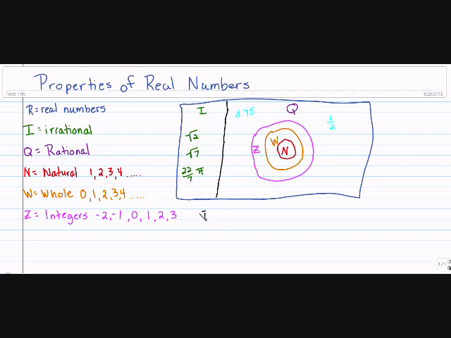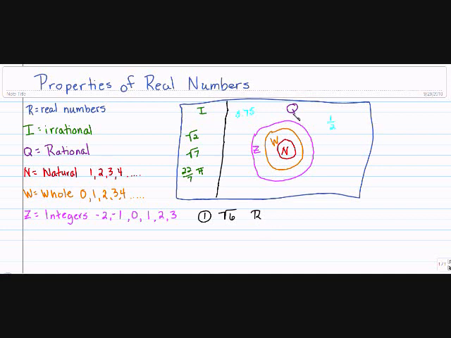So if we take a look at example number 1, radical 6. Okay, now everything in this blue box is a real number. So, radical 6. Well, I know it's going to be a real number. I can see it. So I'm going to put an R down because it's a real number.